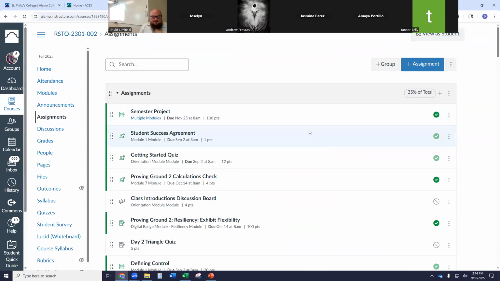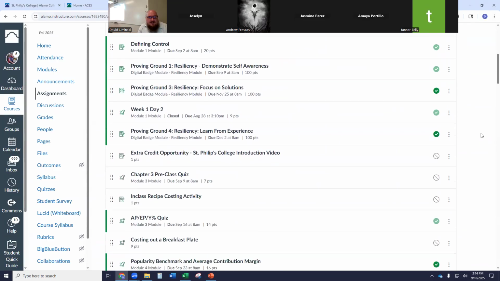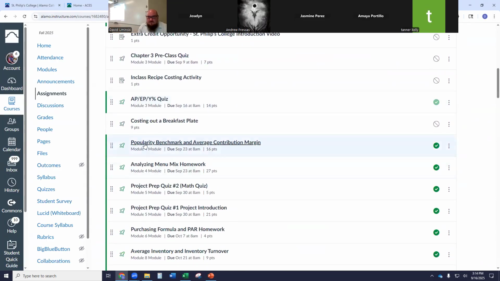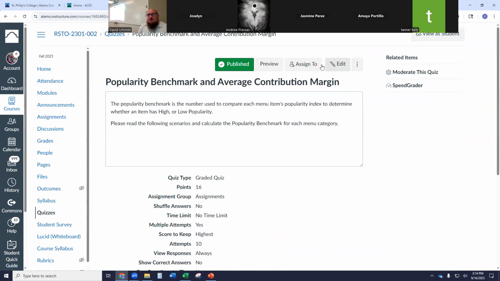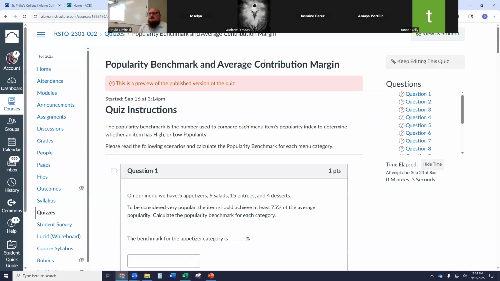On Thursday, we're going to do an in-class activity and an in-class menu analysis. I would like you to do this popularity benchmark and average contribution margin before you come to class, because that's going to help you secure these concepts of the benchmark and the average contribution margin.